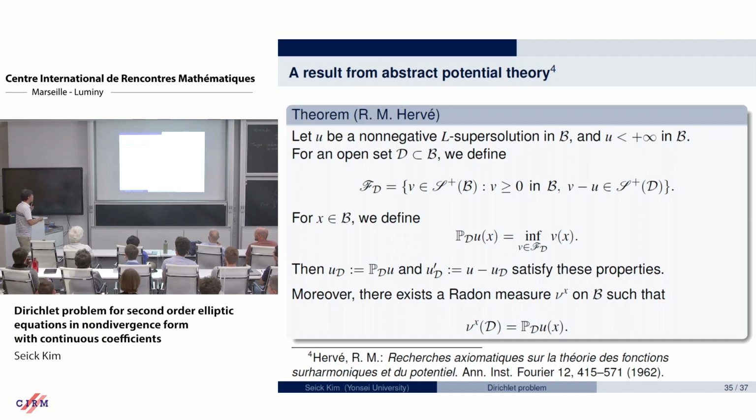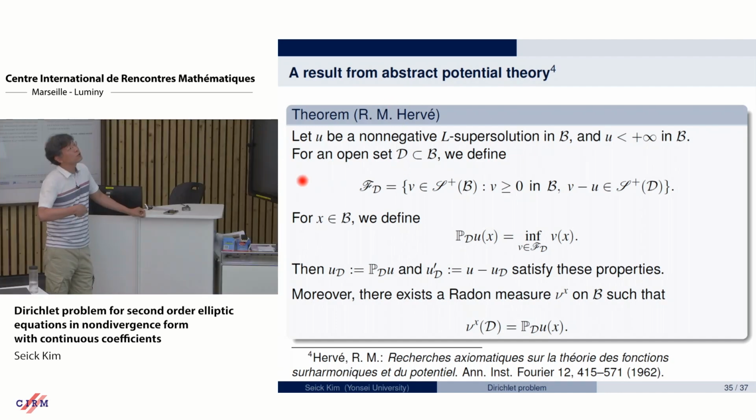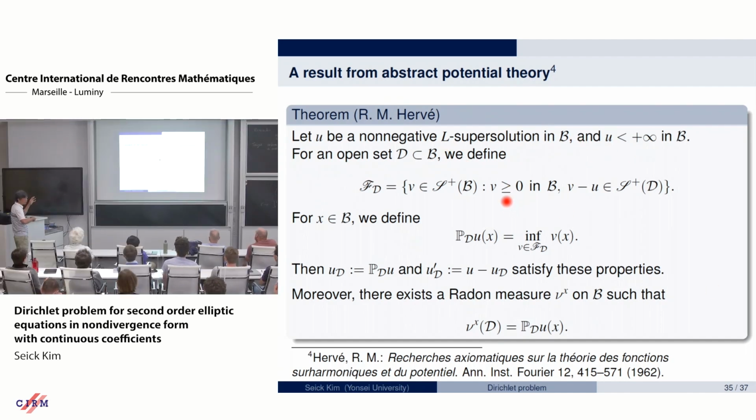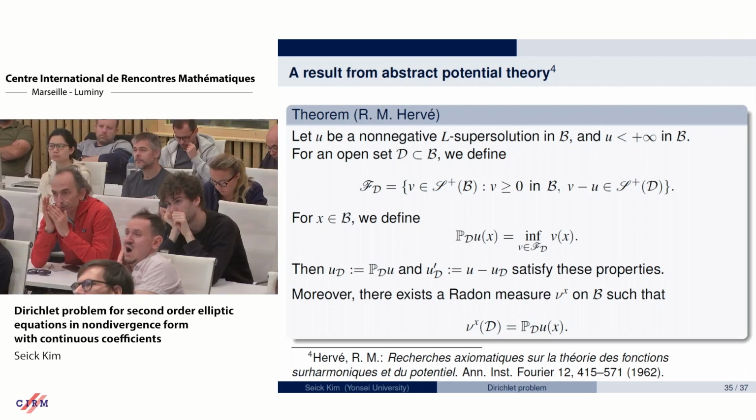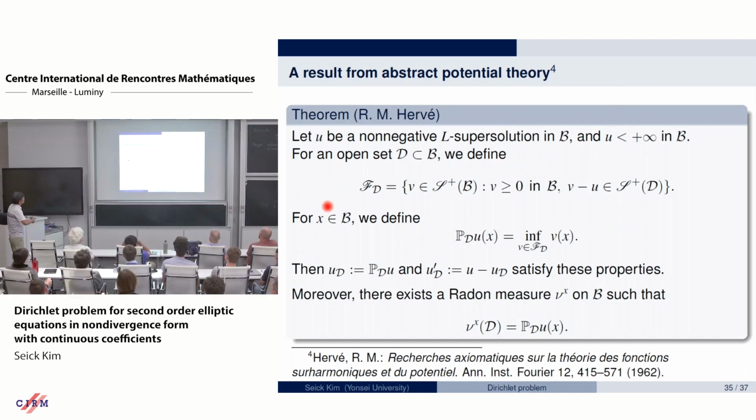What you can do is, you have a superharmonic function. It's abstract potential theory, so there's no idea of differentiation whatsoever. If you have a concept of superharmonic function and an open set, you collect this family of non-negative superharmonic functions V such that V minus U is superharmonic in D, and take the infimum.